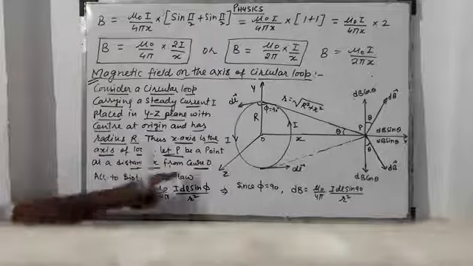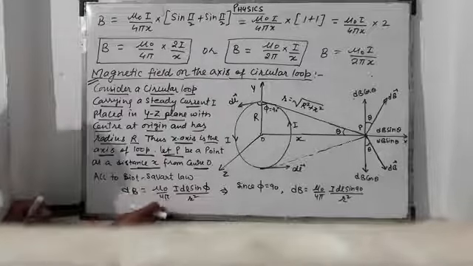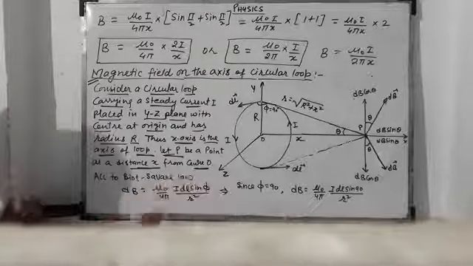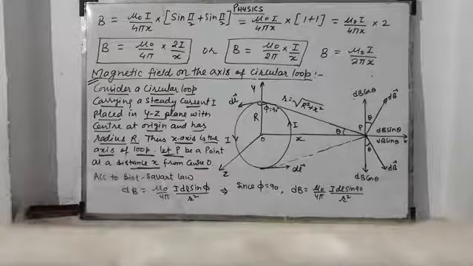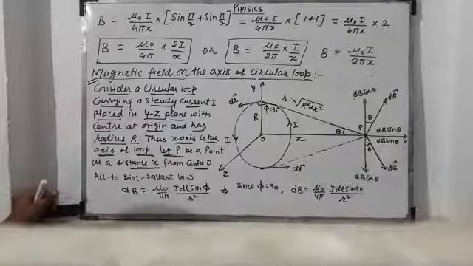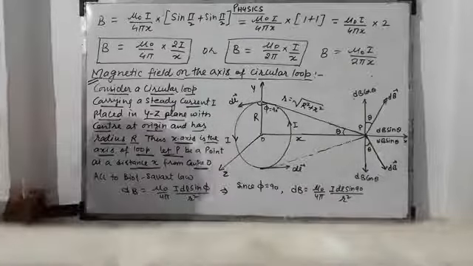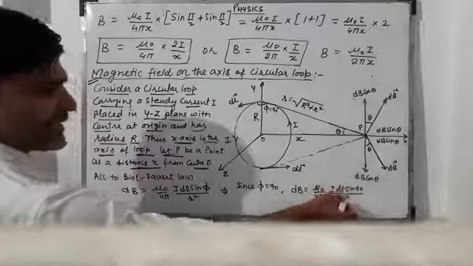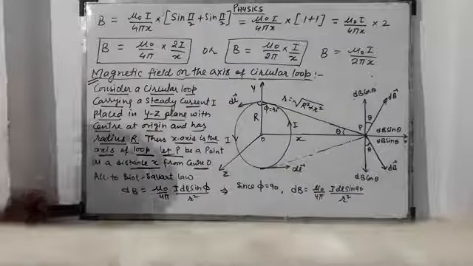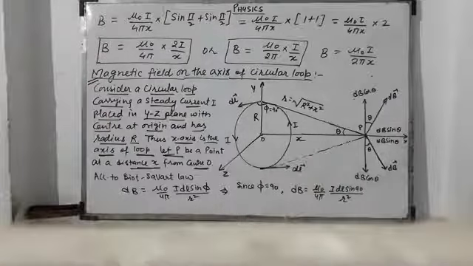Now according to Biot-Savart law, dB is equal to mu naught upon 4 pi, I dl sin phi upon r square. But from the figure, phi is equal to 90 degrees. So dB is equal to mu naught upon 4 pi, I dl sin 90 upon r square. In place of phi we have 90 degrees.